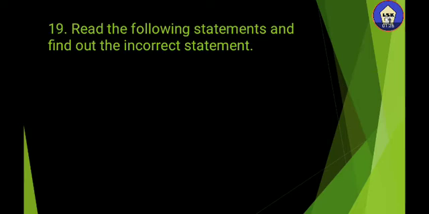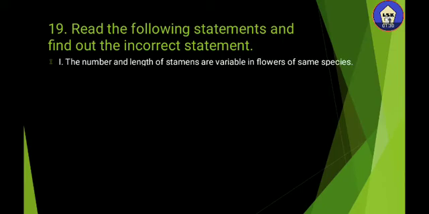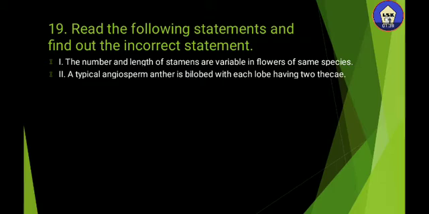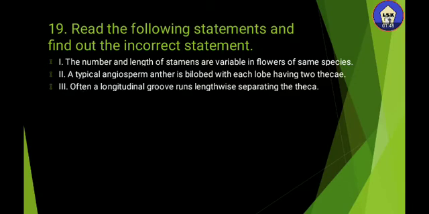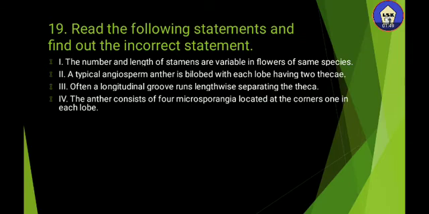Question number 19. Read the following statements and find out the incorrect statement. Statement 1. The number and length of stamens are variable in flowers of the same species. Next, a typical angiosperm anther is bilobed with each lobe having 2 thecae. Often a longitudinal groove runs lengthwise separating the theca.